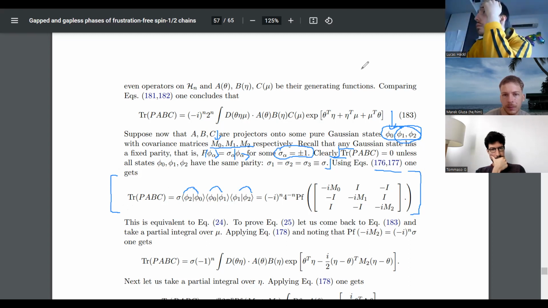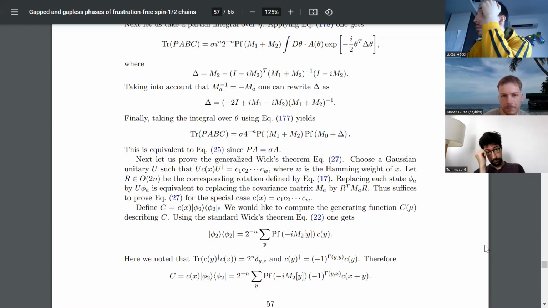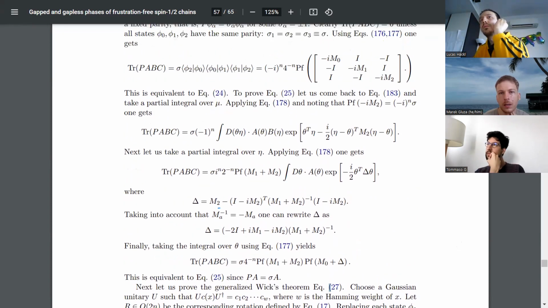I'm wondering if I should maybe show the equation 24, but let's just continue with the calculations and let's just see what's going on. So yeah, we are almost at the generalized Wick's theorem. It's just that they needed to construct this new matrix here.